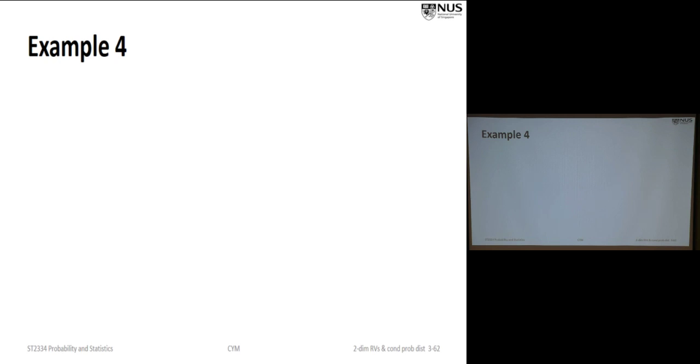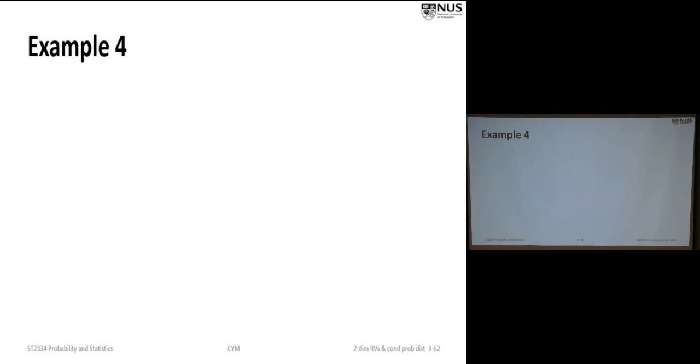Then we would like to find out from this joint distribution the marginal behavior of just x or y alone, or given x a certain value, how does the random variable y behave? Or given y equals certain values, how does the random variable x behave?